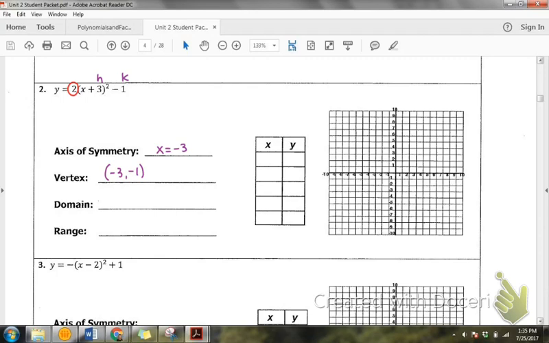So it's going to go which direction, Crystal? Down. If it's positive, up. There you go. Yep, it goes up. And we said if it's positive, it has a minimum. Okay, so let's go ahead and graph it. The negative 3, negative 1. You're labeling your vertex, negative 3, negative 1. Your axis of symmetry goes through it.